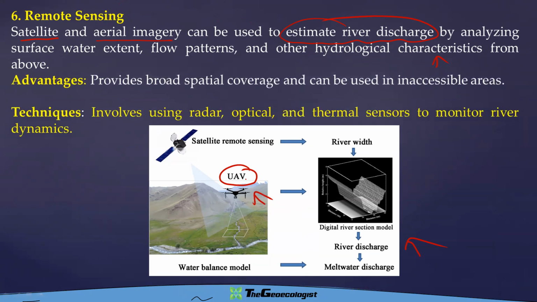So you observe the advantages: it provides broad spatial coverage and can be used in inaccessible areas. Not all rivers and streams are accessible, isn't it? And these techniques involve radar, optical, and thermal sensors to monitor river dynamics. Very, very important for disaster management and flood management. This is where it is used, right? So these are all the techniques.